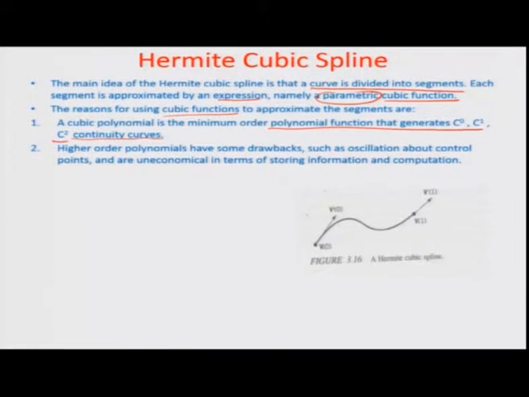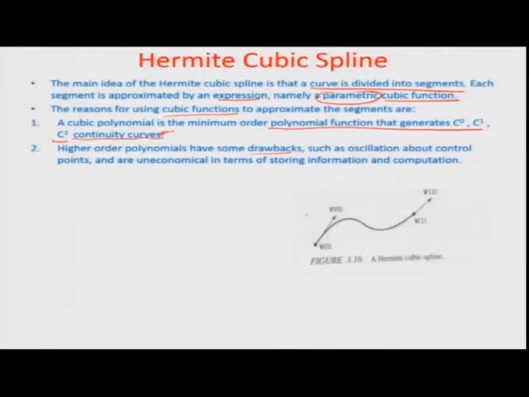So, there is enough flexibility in a cubic polynomial to append to all these different connects. There can be still higher order functions, more than order 3, which can serve the purpose, but they have some drawbacks. Particularly, they have oscillations about control points, and sometimes the computations may be uneconomical in terms of storing information and computation, and therefore it is preferred to operate at a cubic function level. So, let us look into exactly what function we are talking about.